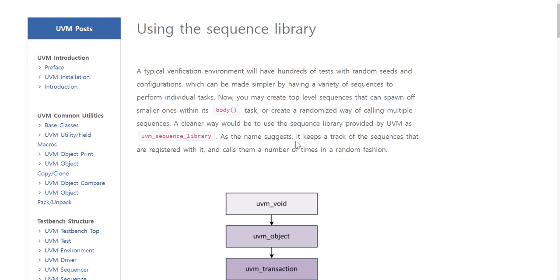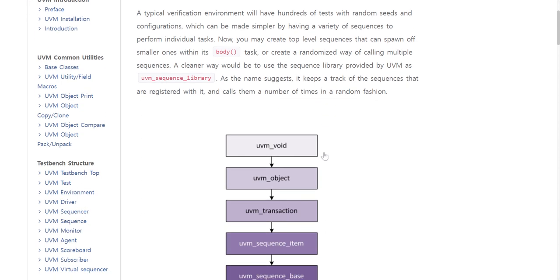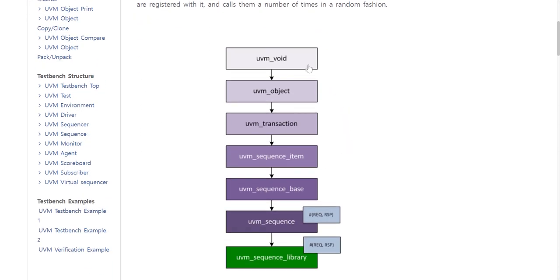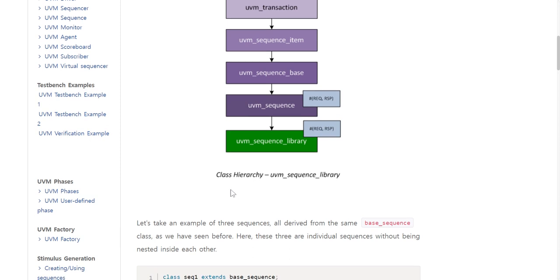As the name suggests, it keeps track of sequences that are registered with it and calls them a number of times in random fashion. That is the class hierarchy of uvm_sequence_library: uvm_object, uvm_transaction, uvm_sequence_item, uvm_sequence_base, uvm_sequence, and uvm_sequence_library.